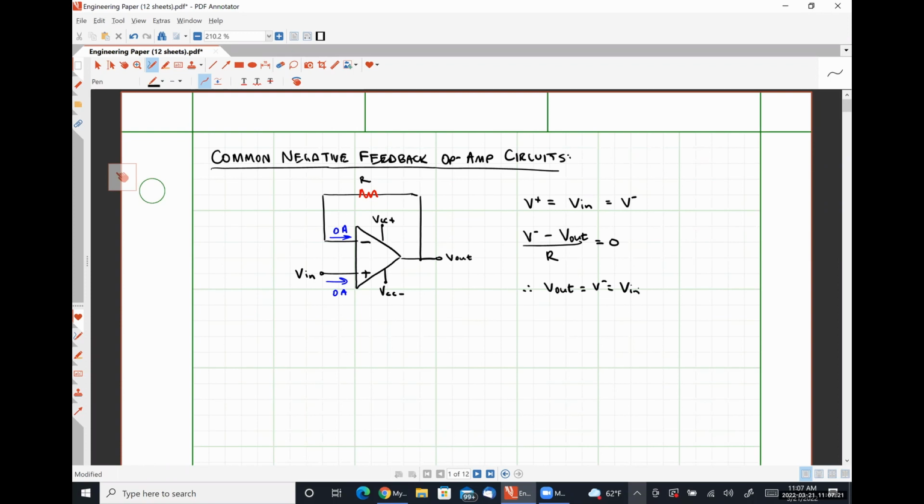If that resistor R weren't there, Kirchhoff's voltage law would give us the exact same relationship.